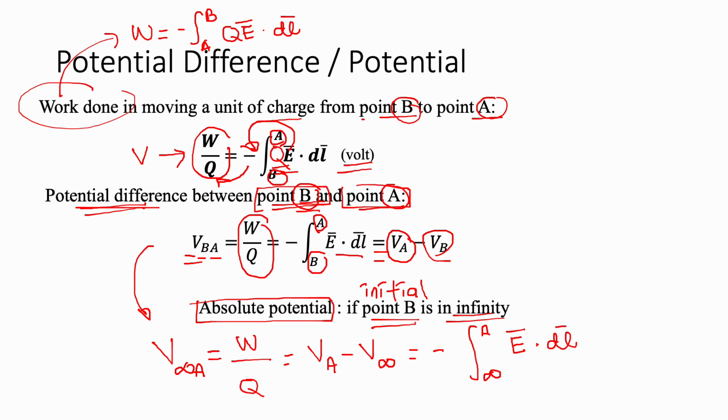When you proceed with the calculation, or see the explanation in your reference book, you will see that when your initial position is at infinity, the absolute potential equals the potential at your final destination only, which is VA.